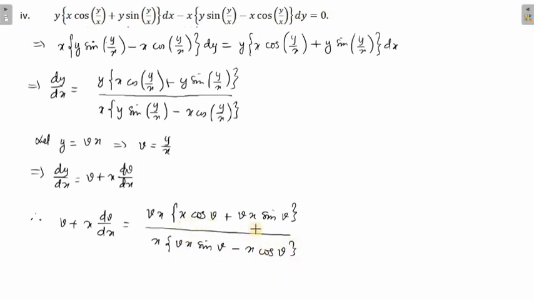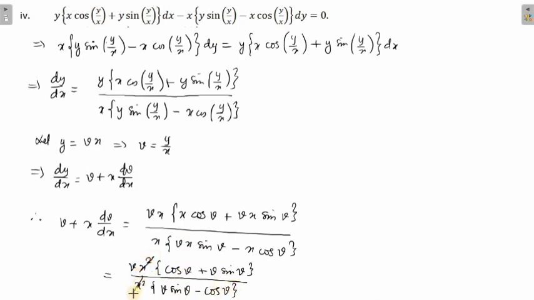Now see what is common in the numerator. I see x is common. When you take x common, it becomes vx square cos v plus v sin v, divided by x square v sin v minus cos v. That's what you are going to have in the denominator.